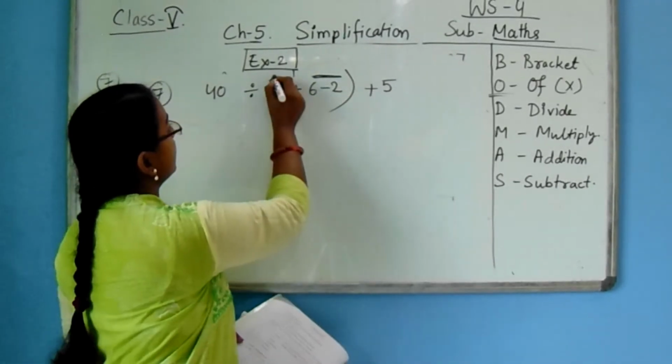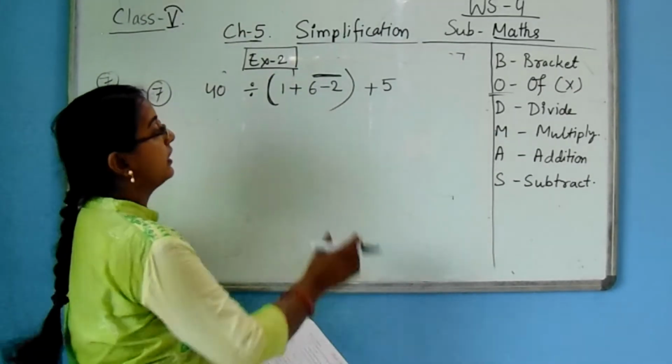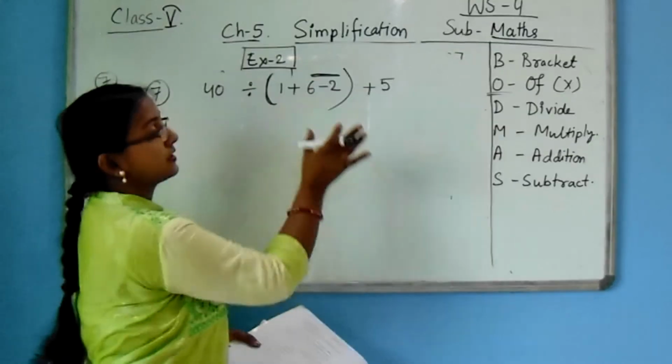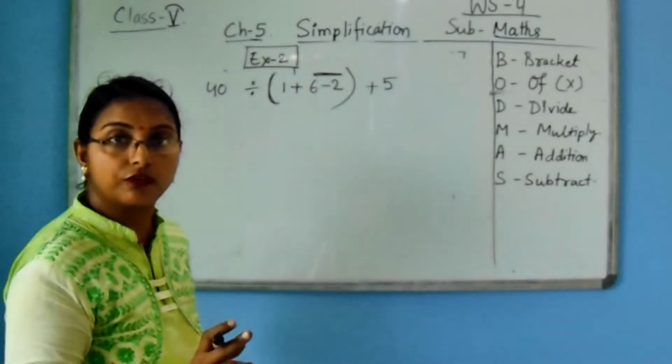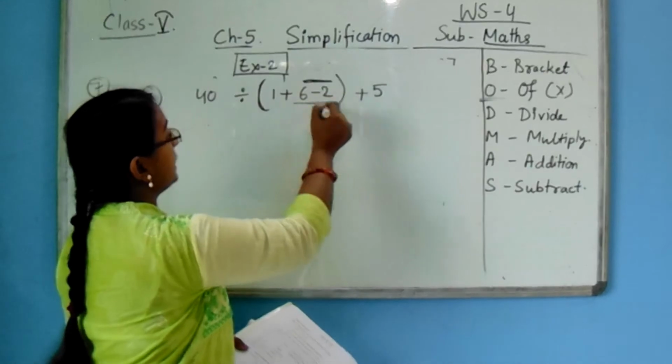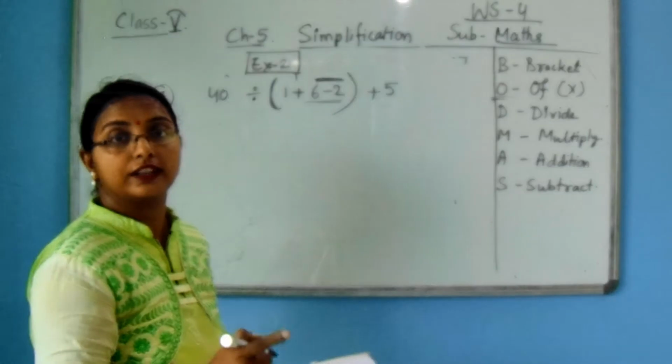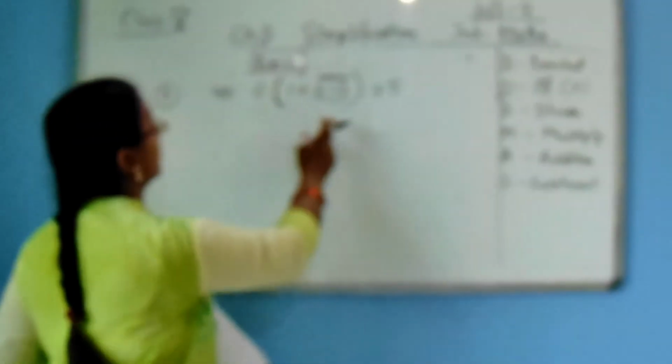Overline means this process. That means you have to do the small bracket function first of all. But in the first bracket, some other functions are also given and it will be the prior function. This will be the first function, the one that is overlined.